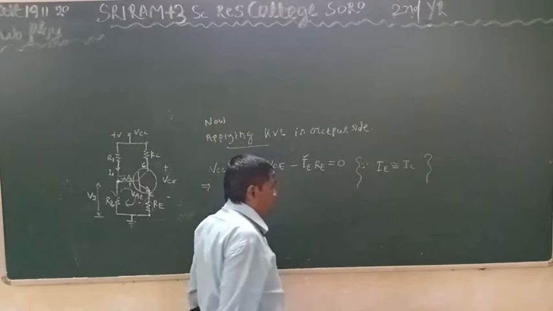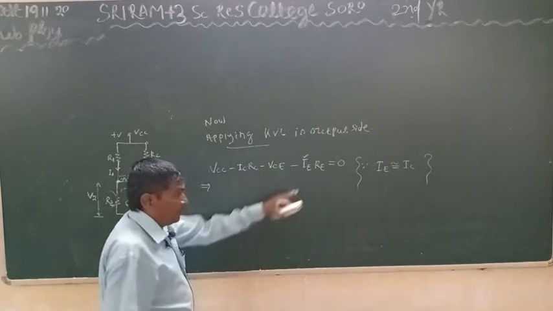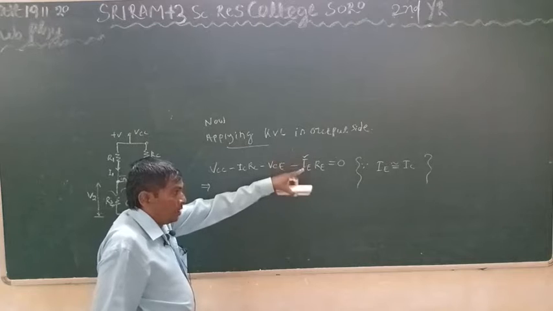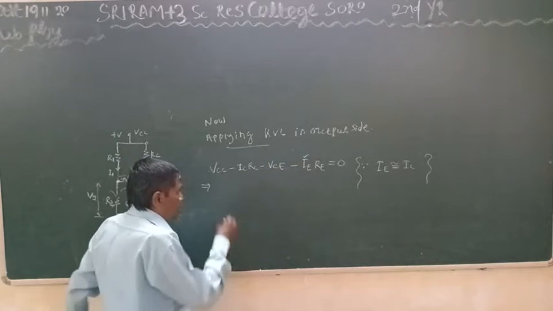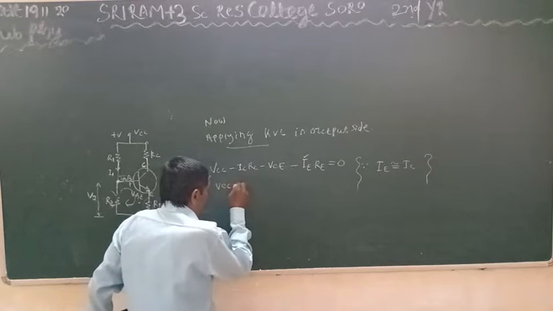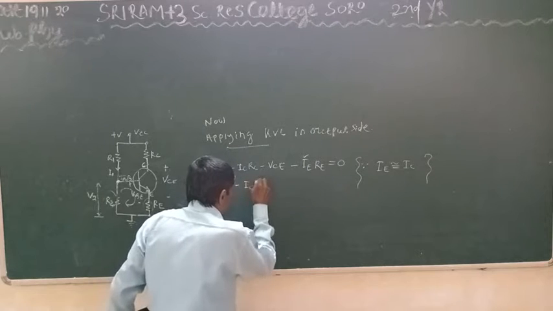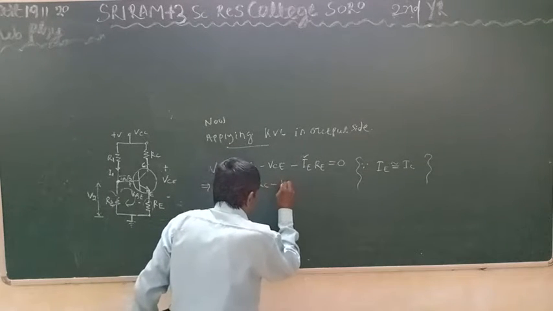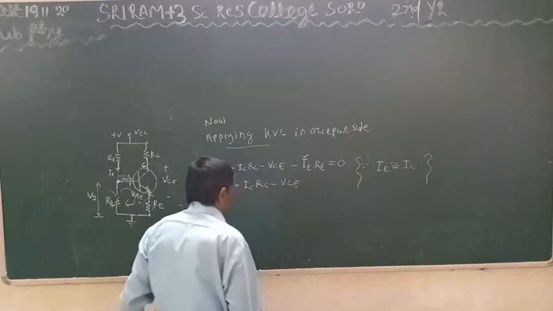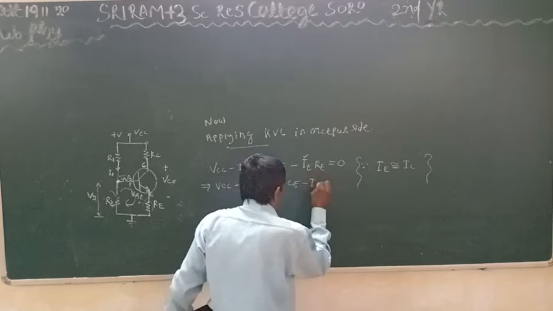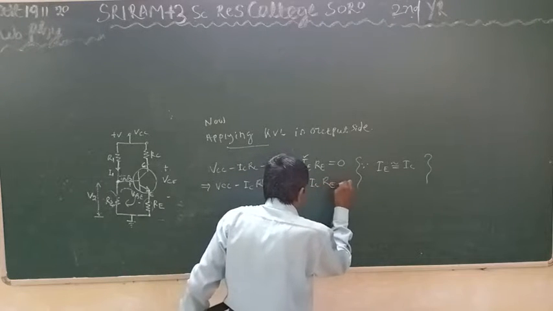So this value of IC replaces IE, then we get VCC minus ICRC minus VCE minus ICRE equal to 0.